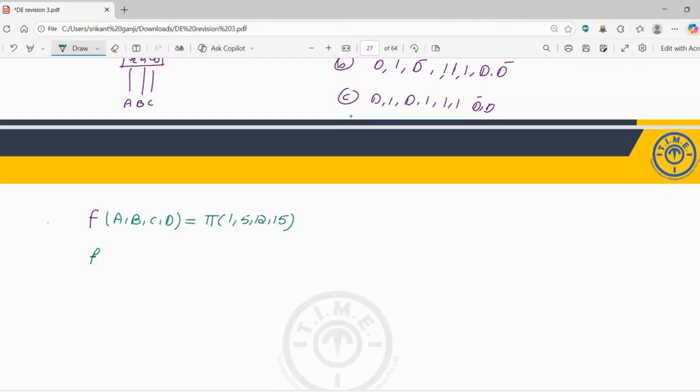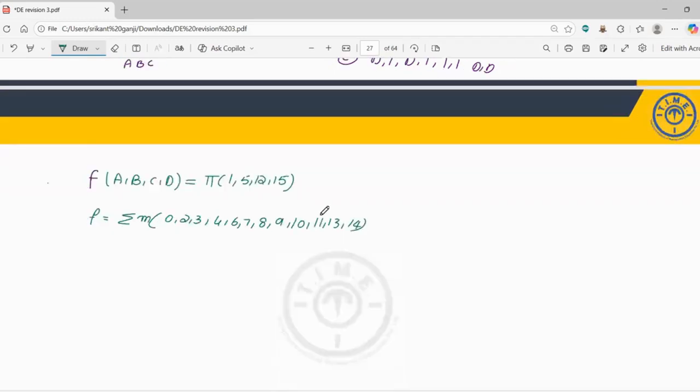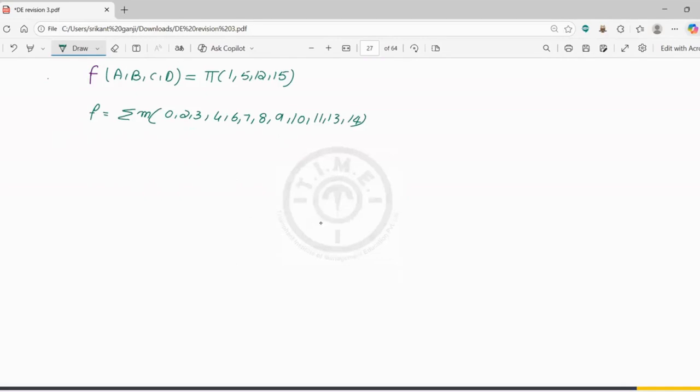So small f is equal to sigma m of 0, 2, 3, 4, 6, 7, 8, 9, 10, 11, 13 and 14. Now you can write it as, let us say this is ABC and this one is D here.